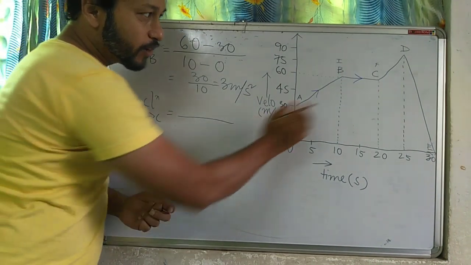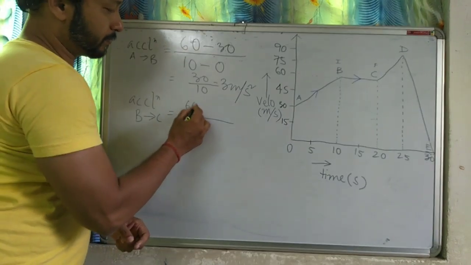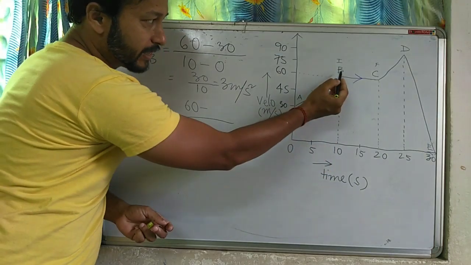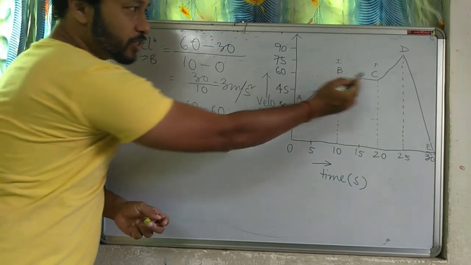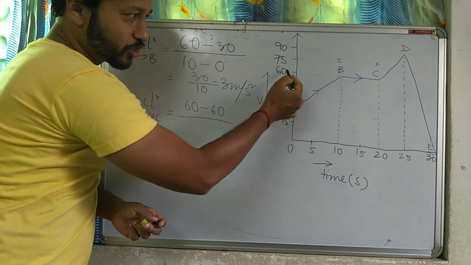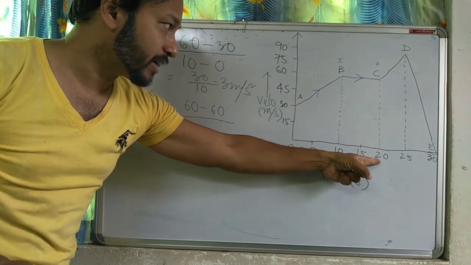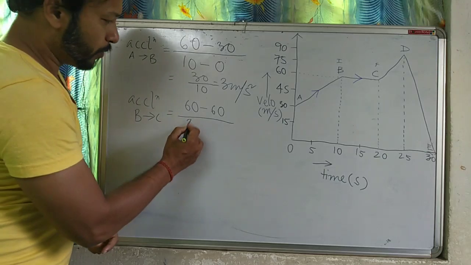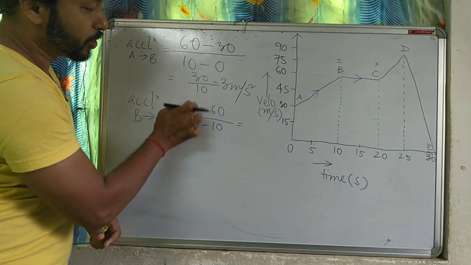So what is the final velocity? 60 minus, what is my initial velocity? That is B, 60. Final velocity is also 60, initial velocity is also 60. What is the final time? 20. What is the initial time? 10. 20 minus 10. That is 60 minus 60 is 0.